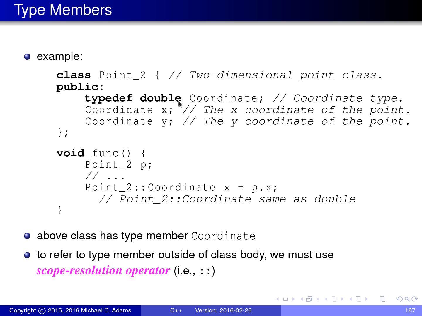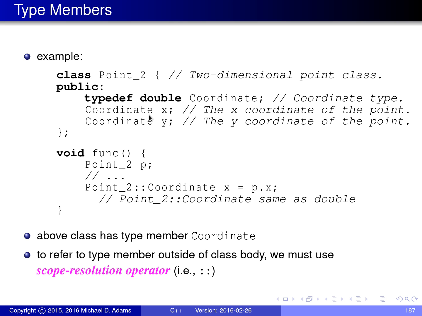So it provides a very convenient way to make it easier to change the class. Also, it makes the class more readable because when you see coordinate here, it's obvious that x is a coordinate. If you just had double x instead, well, double could mean lots of different things. So it's maybe not as clear what x might be. But if you say coordinate here, using essentially a symbolic name for the type, it makes the intent behind the code more clear.